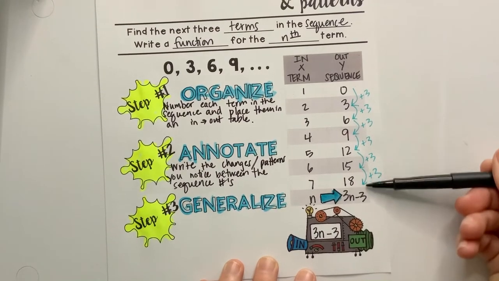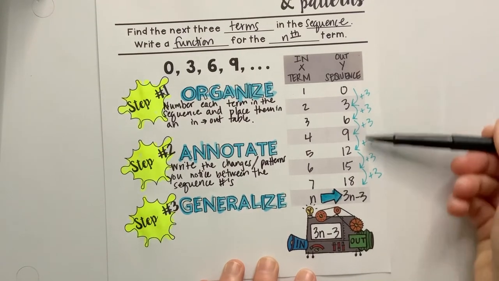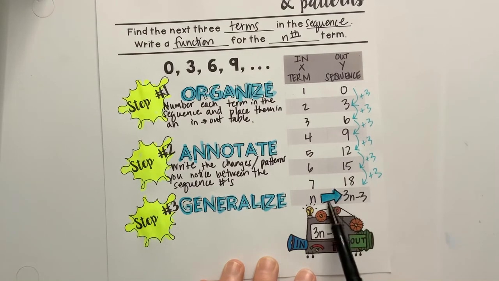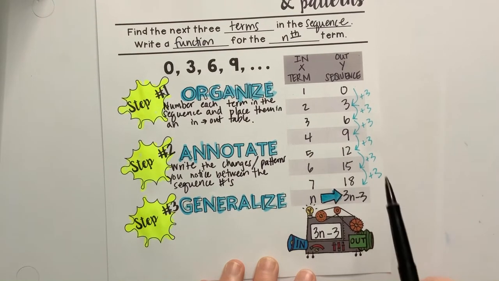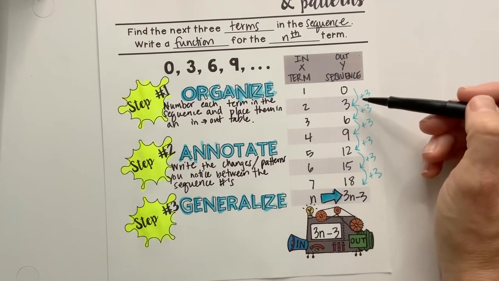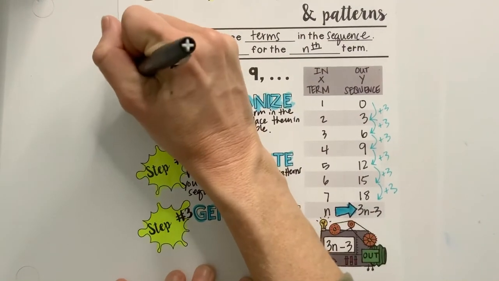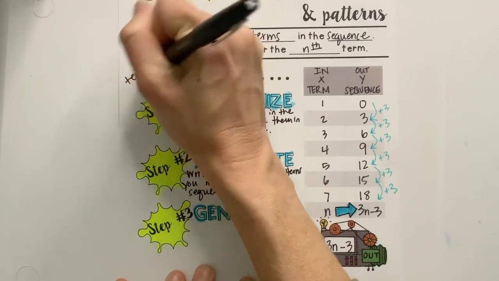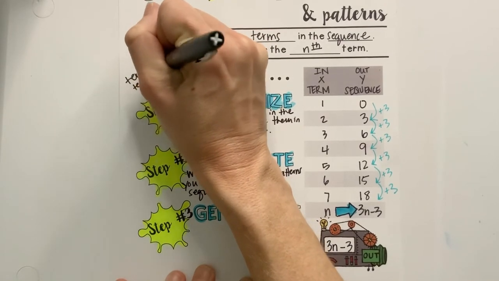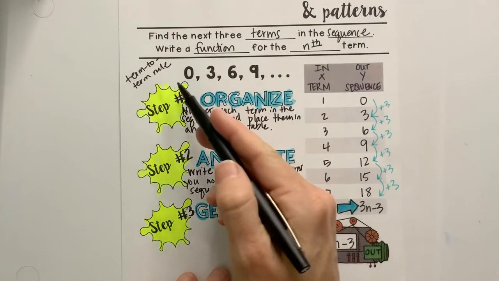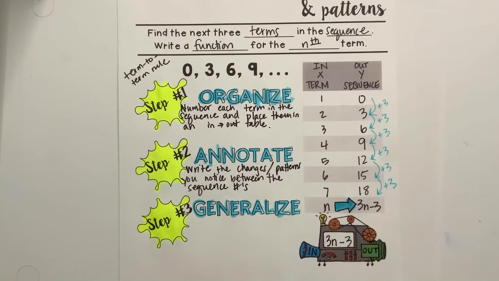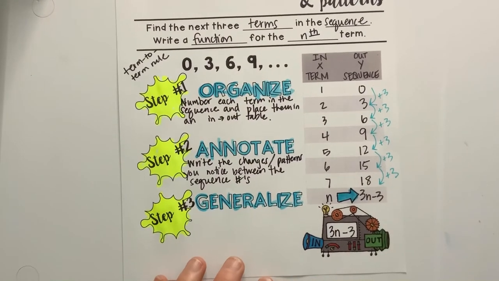This along the side, like how the pattern is growing, is a clue for what that input-output rule is, but it is not necessarily the rule. This +3 is what you call the term-to-term rule. So I'll put that over here. Term-to-term rule. And that's going to be a hint for your function, but it is not the function itself.